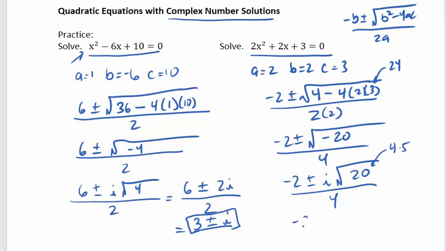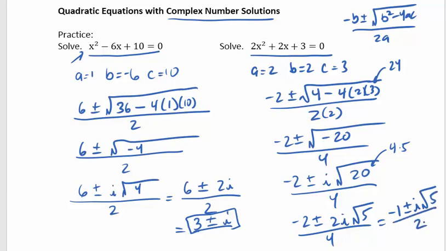So I'd have this: negative 2 plus or minus 2i times the square root of 5, all over 4. Okay, one more step here. Notice I could divide a 2 out of all of these terms. This is a term here, this is a term there, there's a term there. We could divide a 2 out of each of those, so it would look like this. Negative 1 plus or minus, this 2 right here will divide out. So I'll be left with i times the square root of 5, all over 2. So I divided a 2 out here, a 2 out there, and a 2 out there.